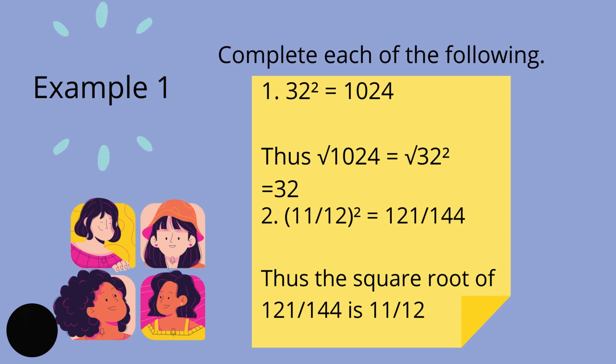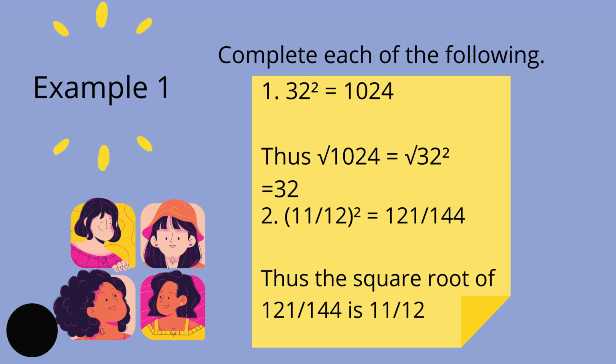Now let's look at example 1. Complete each of the following. 32 squared equals 1024. Thus, square root of 1024 equals square root of 32 squared. 32 squared means 32 times 32.